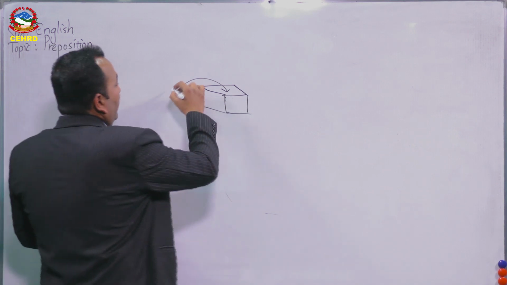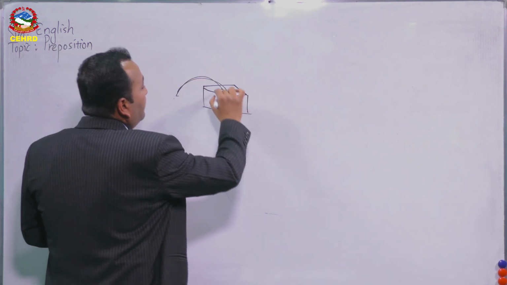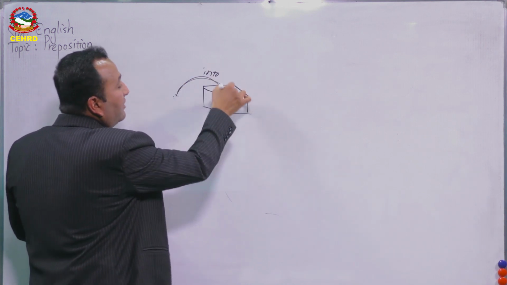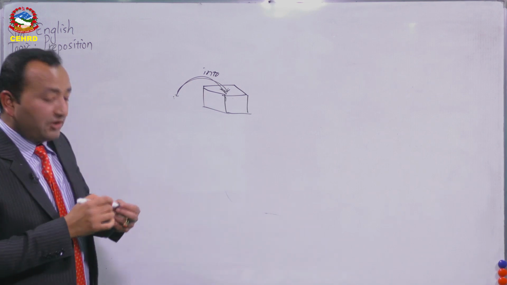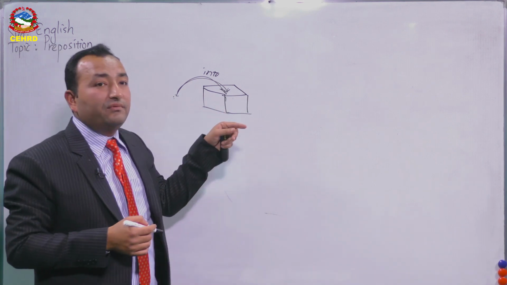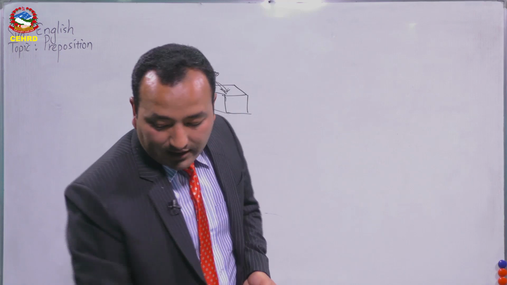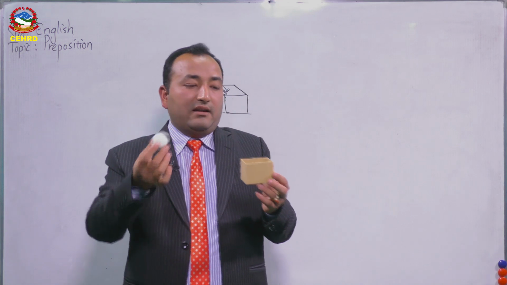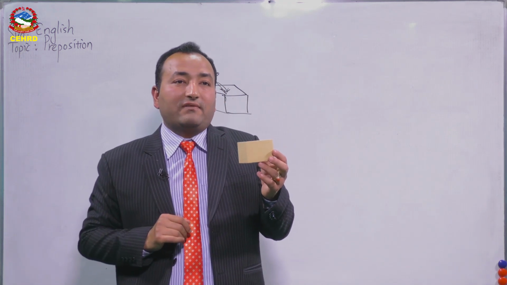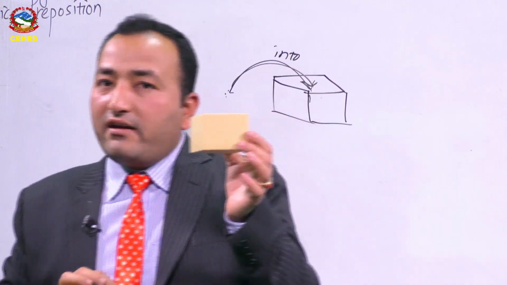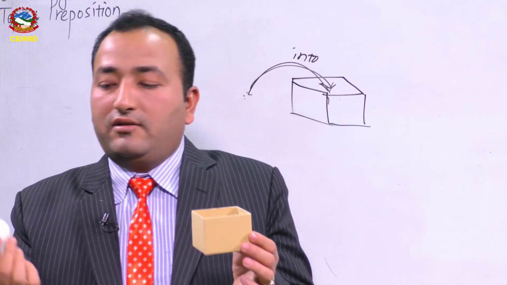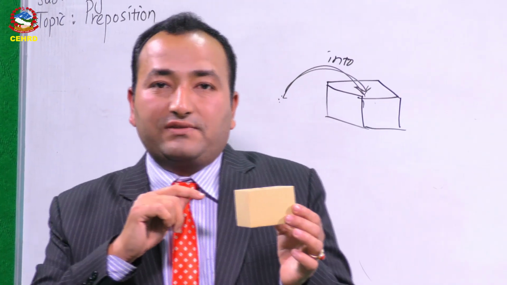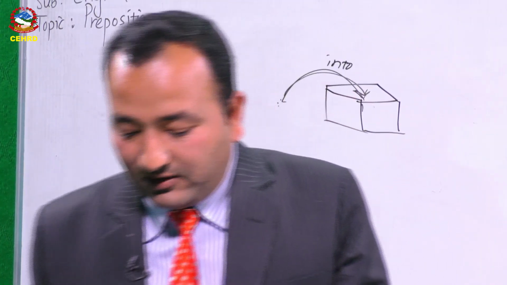So motion: if I throw a ball from here and keep it there in the box, we use "into the box". Just earlier I showed you the ball here. Now into the box, right? I threw the ball into the box. Did you get it? Into the box.